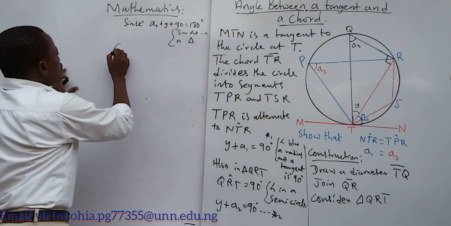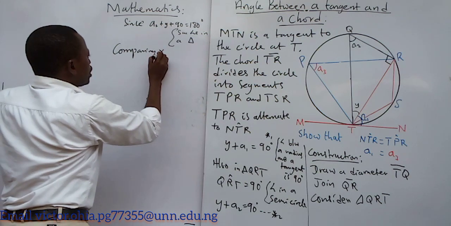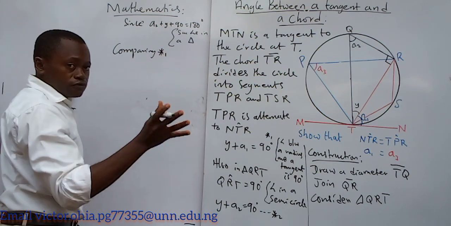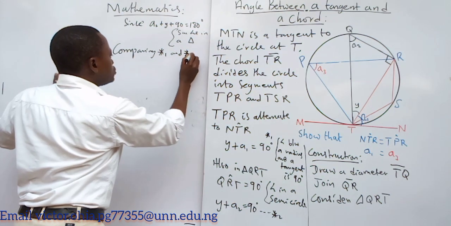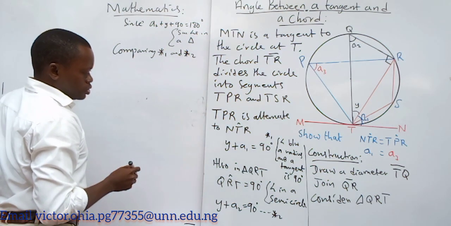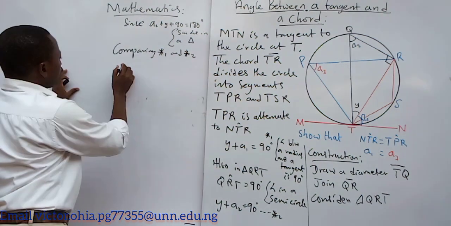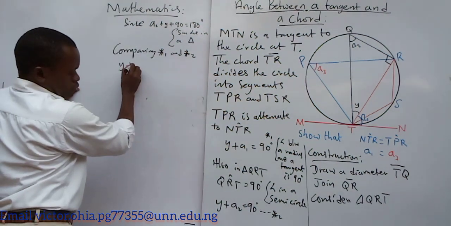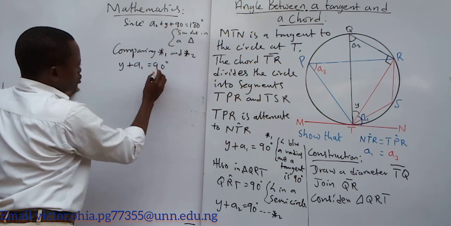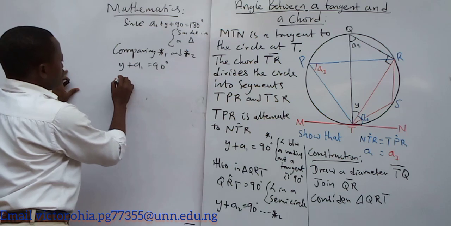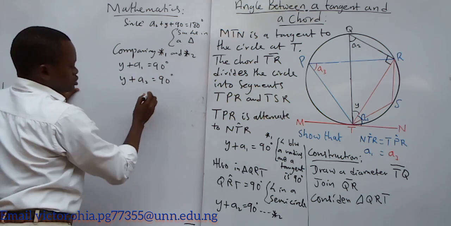I say comparing star 1, that is equation 1, and star 2, comparing equation 1 and 2, you will see I have from here that y plus a1 is equals to 90 degrees, and from here I have y plus a2 is equals to 90 degrees.